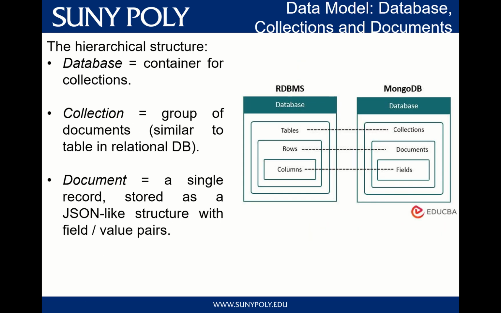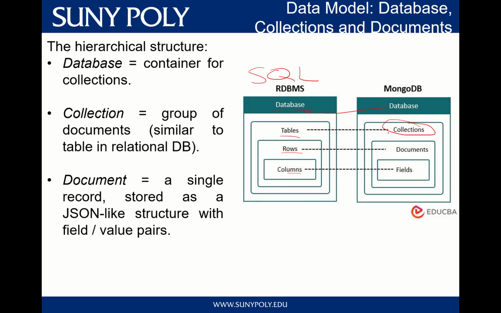So let's see the hierarchy that you will typically find in MongoDB. Here we have SQL, a relational database management system. In our previous SQL structure, we have the database, in some cases the schema, then we have tables, rows, and columns. Here in MongoDB, we have the database, same idea, but now we don't create tables. We have collections, that's the equivalent.